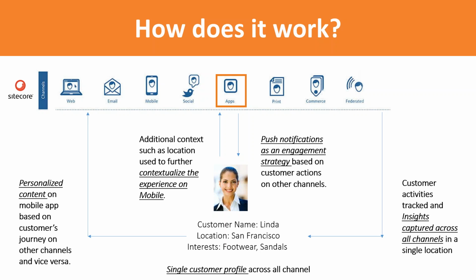On the basis of that, you can push a notification with a coupon for that specific purchase, helping that customer take a decision. So that's how this entire contextual personalization can be taken to the next level by use of mobile as a digital channel, along with the other channels that you have on Sitecore.